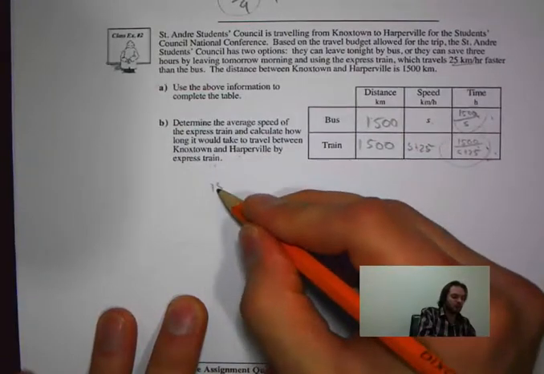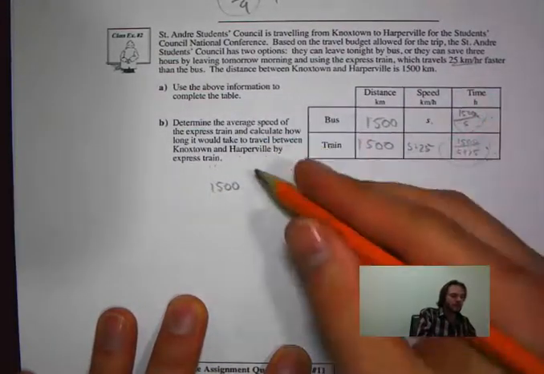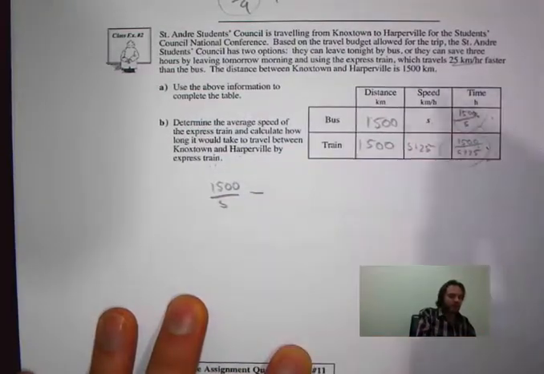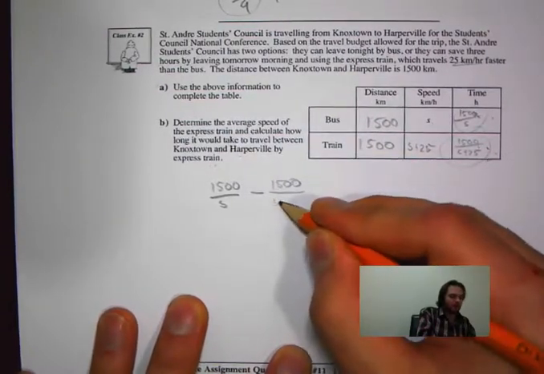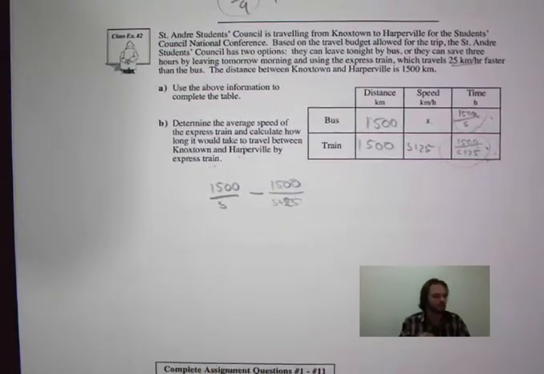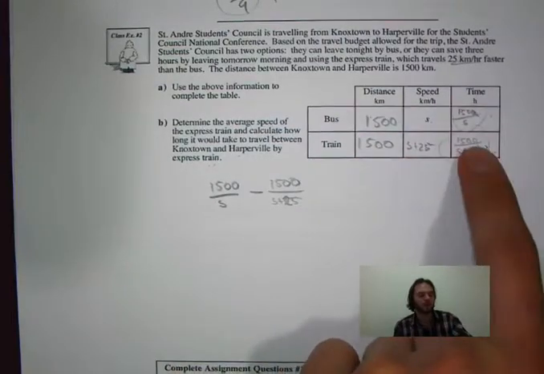So the slow one is 1500, okay? And that is all over S. And we subtract 1500 all over S plus 25. We know it's 3 hours because it says they saved 3 hours by taking this. So this is 3 hours faster.